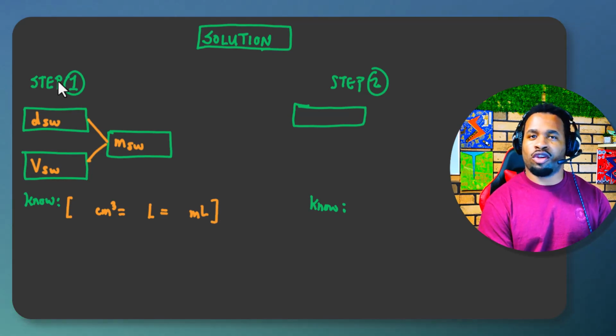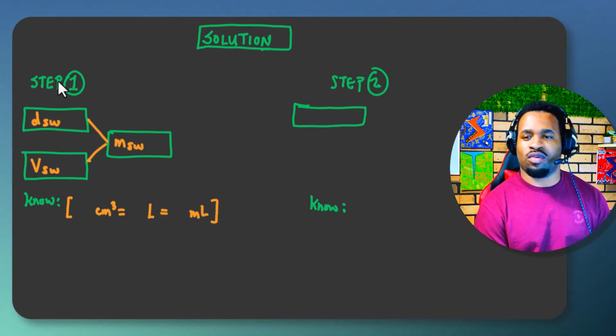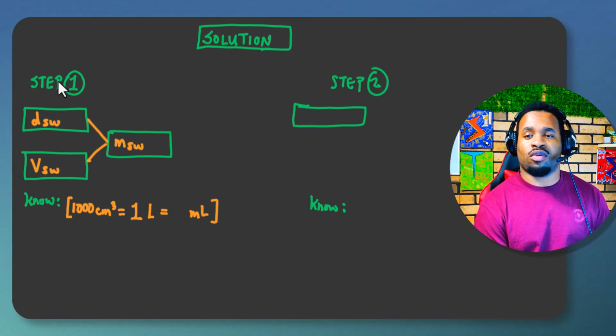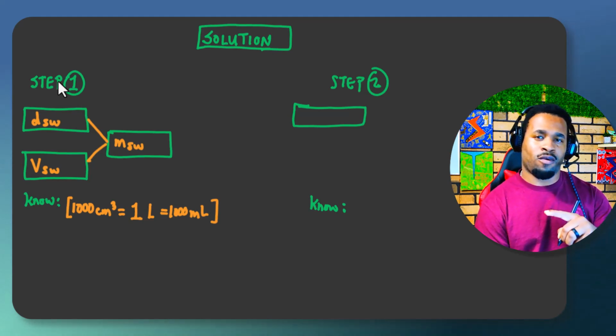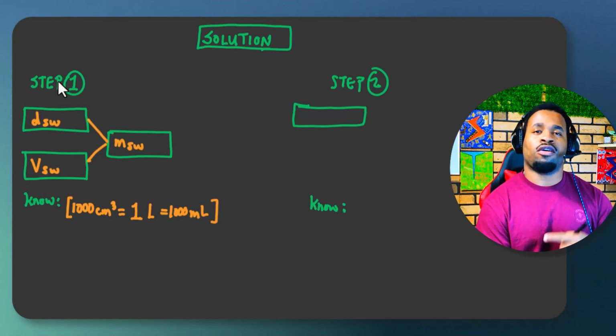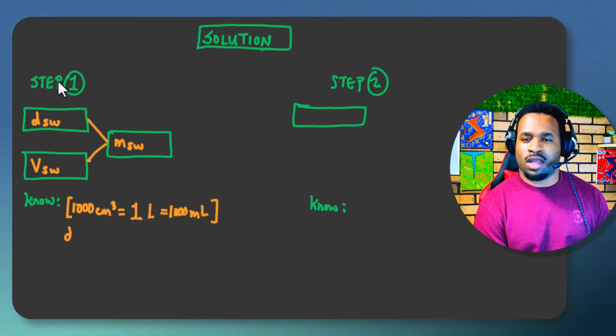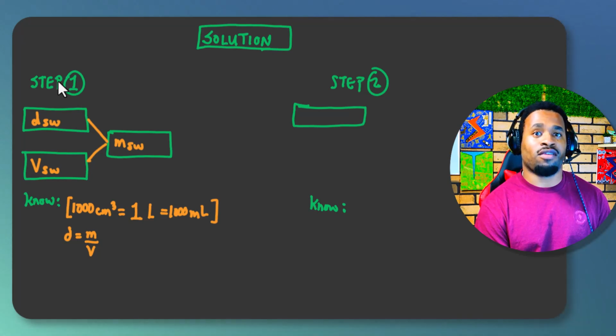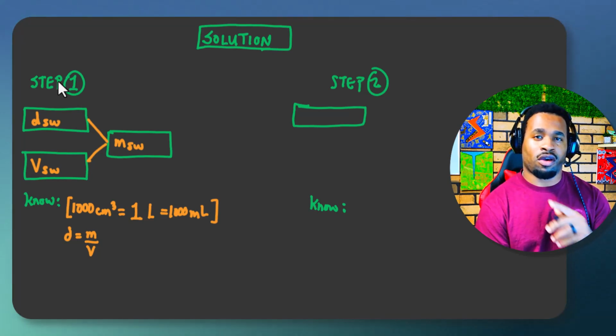The golden numbers in terms of the ratios are as follows: 1000 centimeter cube is equal to 1 liter, and this is equal to 1000 milliliters. Now this is going to be accompanied alongside the density formula, and the density formula is equal to the mass divided by the volume of that specific object.